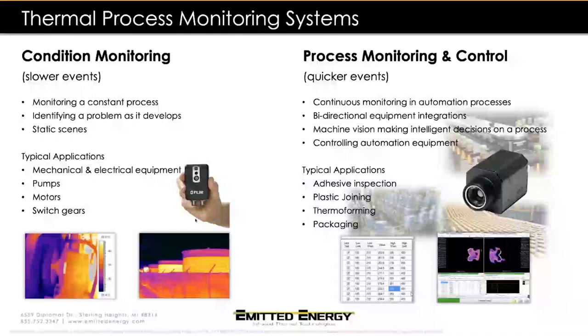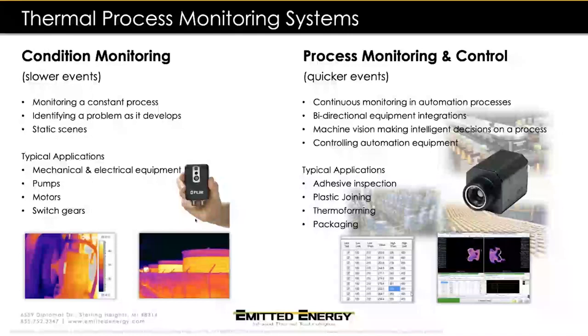On the other side, process monitoring and control systems handle quicker events. These are events that require fast cameras, GigE Vision, high-speed cameras. They're continuously monitoring automated processes in an inline fashion.